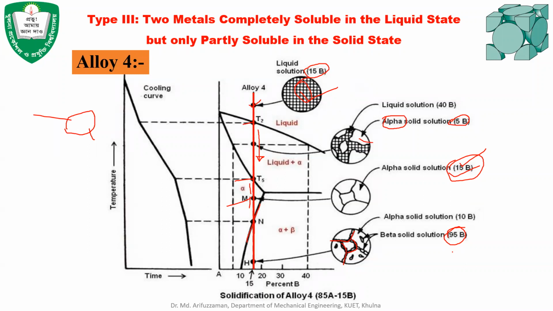So the atoms of B that have been released from the alpha solid solution produce their own group by taking some of the A with them, and that is the beta solid solution. The beta solid solution is produced once the solvus line is crossed. Okay, any question?